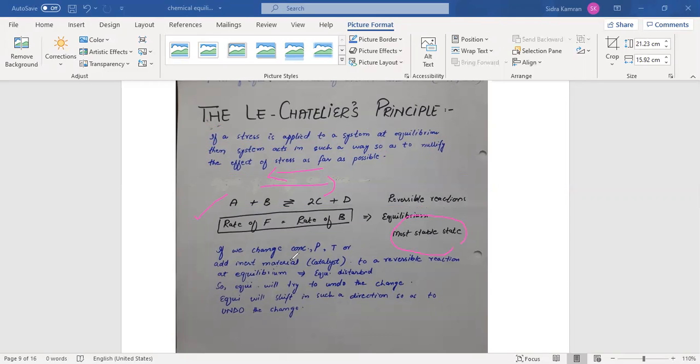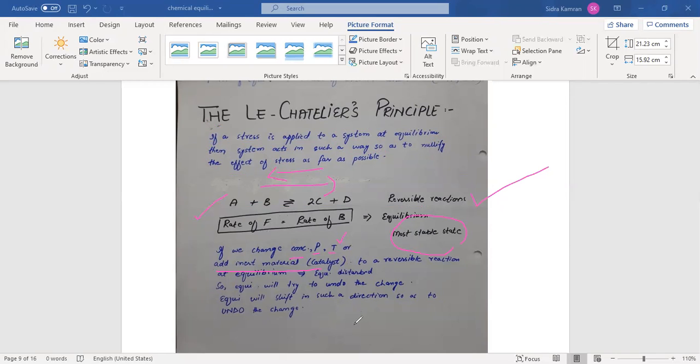If we change the concentration, pressure, temperature, volume, or add any kind of catalyst to this reversible reaction, the state of equilibrium will be disturbed. If I am adding more concentration of the reactant or the product, changing the pressure, changing the temperature, changing the volume of the reaction mixture, or adding some catalyst, then the state of equilibrium will be disturbed.